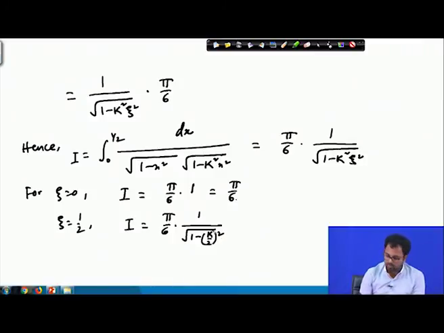Let's say this one is equation 1 and this one is 2 and this one is 3.